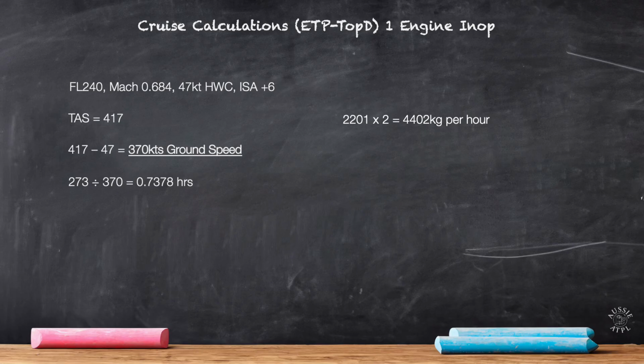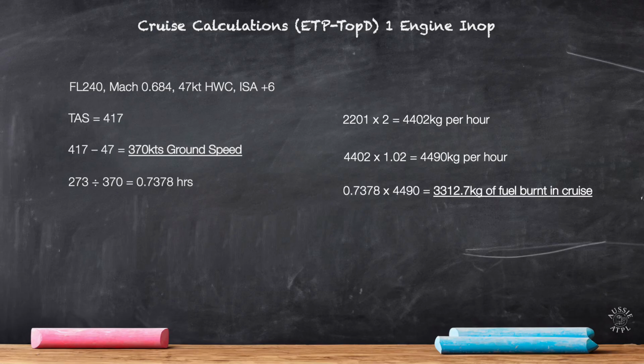We take our fuel flow that we found in the book earlier and times that by 2 as we've only got 2 engines remaining. One of them's inoperative, and that'll give us a fuel burn per hour. We need to adjust that for our +6 degrees of ISA or +2%. And that'll give us a total fuel burn of 4,490 kilos per hour. Obviously times our fuel burn by our time in hours it'll take us to fly the leg, and that'll give us our total fuel burn in the cruise of 3,312.7 kilos.